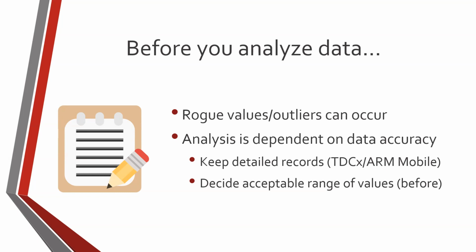You can also identify an acceptable range of values that you would expect from that assessment before actually taking the assessment. That would be another way to get those parameters set and make sure that the data that is recorded is accurate. This topic is really going to be day 2 of our series next week, data confirmation, and we'll look at the different tools within ARM that we can use for this step.